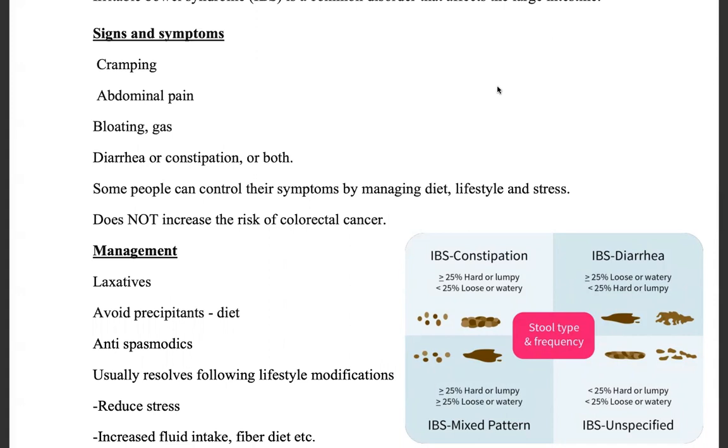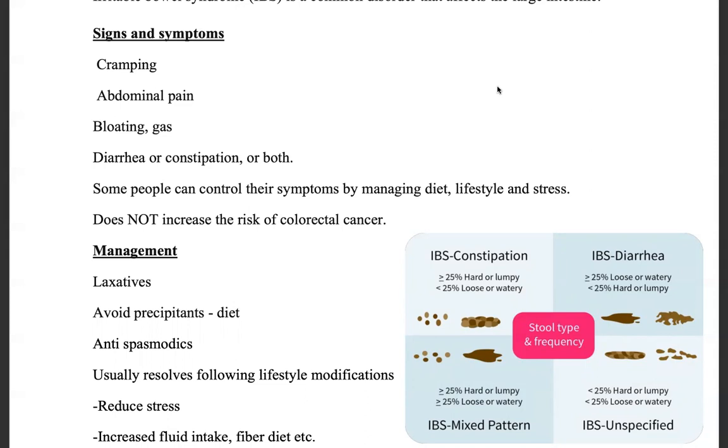So here the management is mainly conservative. We can use laxatives if there is constipation, and you can avoid precipitants such as certain foods. Antispasmodics can be used. You can use prokinetics like domperidone, or go for lifestyle modifications, which can reduce stress.